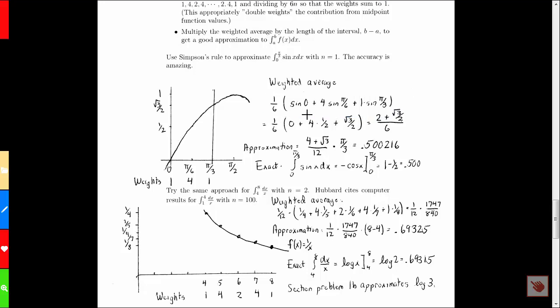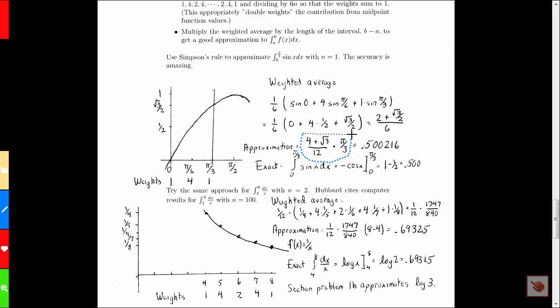That's 1/6 of 0 plus 4 times a half plus 1 times root 3 over 2. It's 2 plus root 3 over 2 divided by 6. And then, to get the approximate value of the integral, I take that quantity and multiply by the length of the interval, which is pi over 3, getting 0.500216.